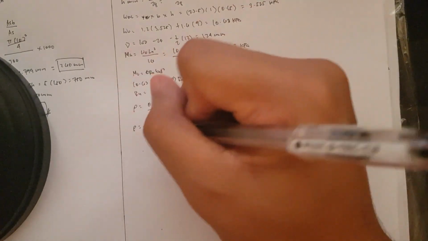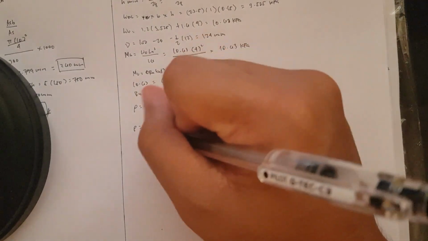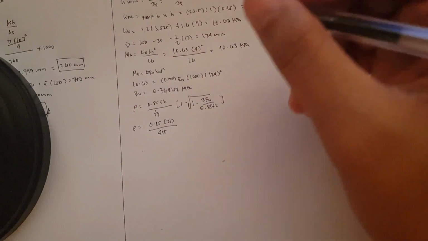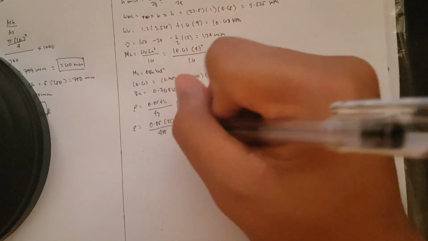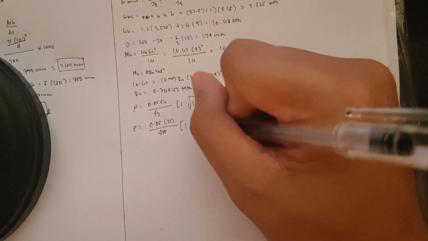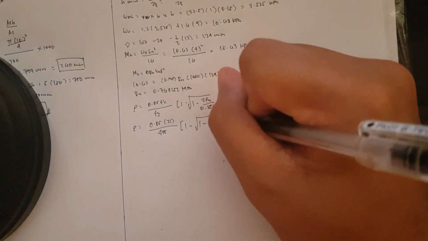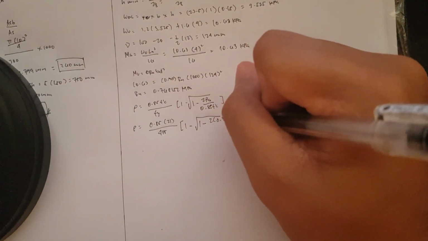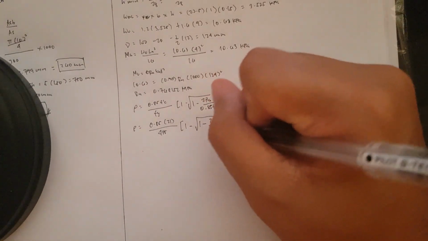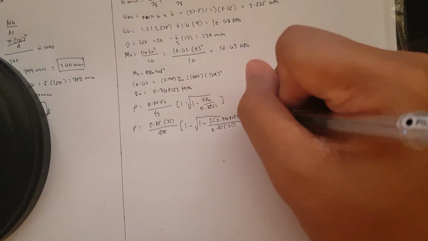So substitute lang natin, 0.85 times yung f'c natin na 21 all over 415 na Fy natin, times 1 minus square root of 1 minus 2 times yung Rn na nakuha natin, 0.768152, over 0.85 times yung f'c natin na 21.